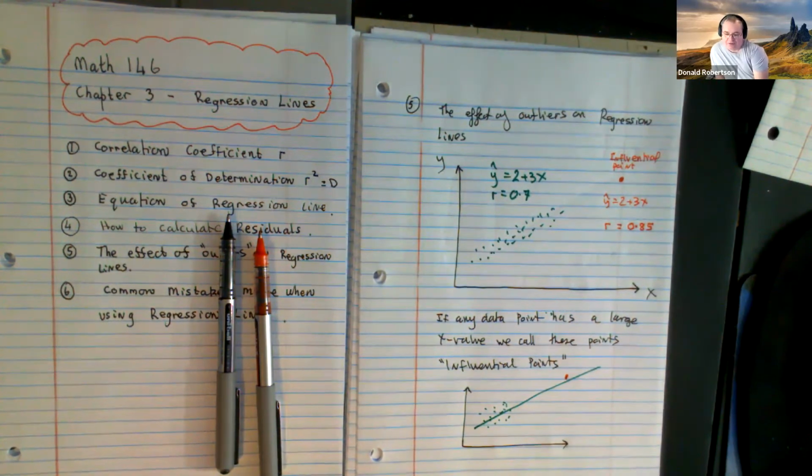Hey, I've managed to find that there's a strong correlation between whatever this is and that, and to prove it, my R value is 0.8. And people will go, oh, that's pretty good.